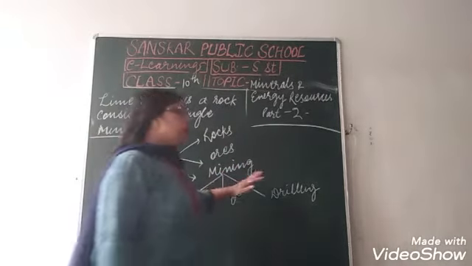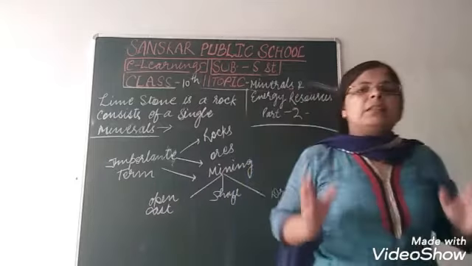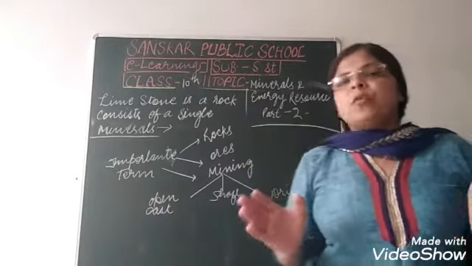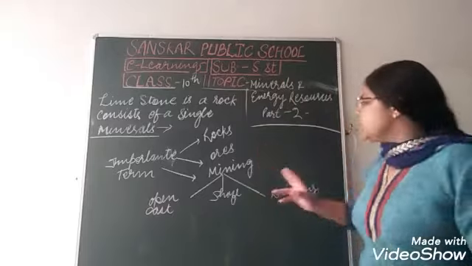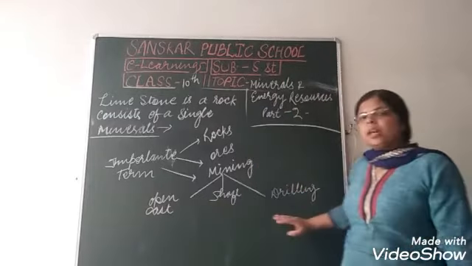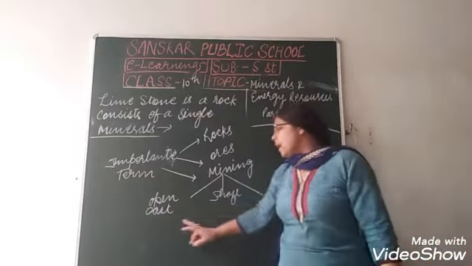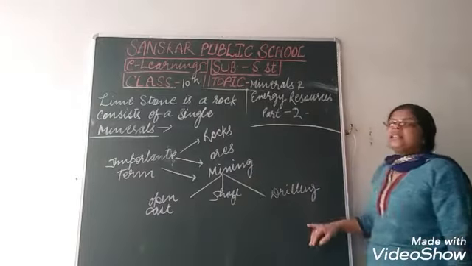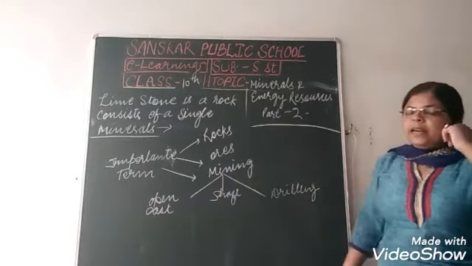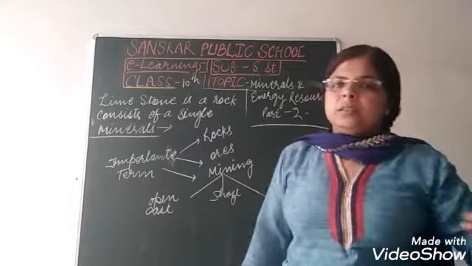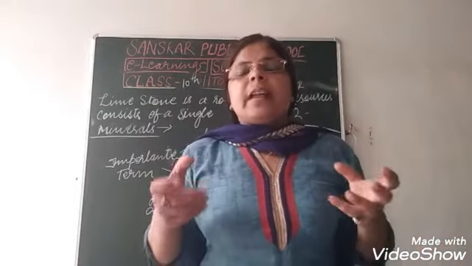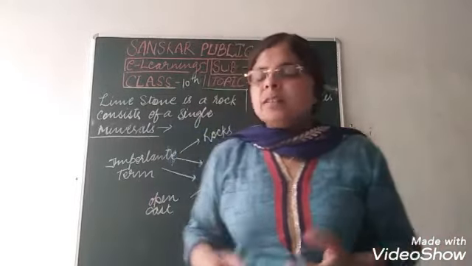Now the mining. Mining is a method of getting the minerals from the earth's crust. This mining is also divided into 3 parts. Number 1 is open cast, then shaft mining, then drilling. By drilling, we are getting things like oil.